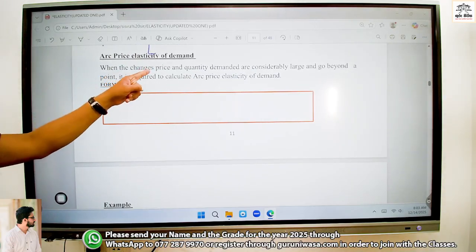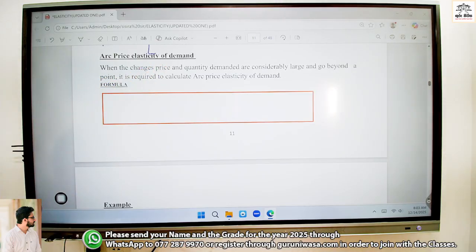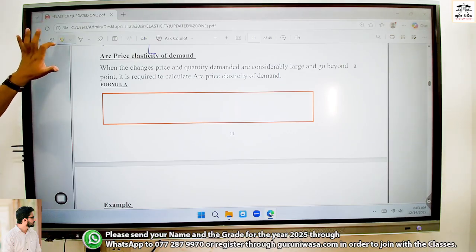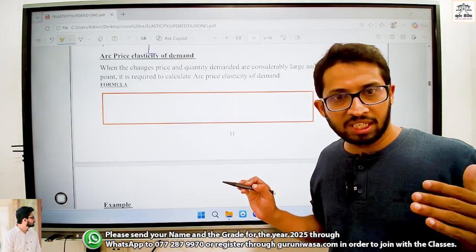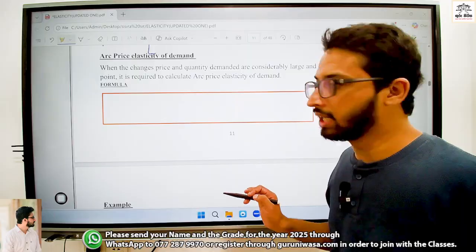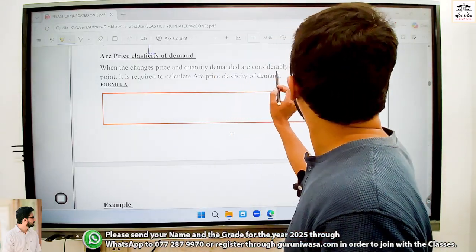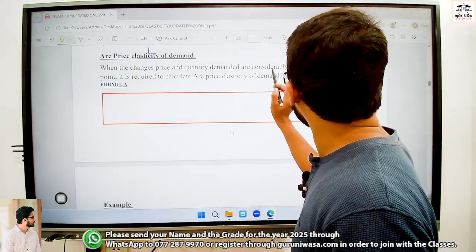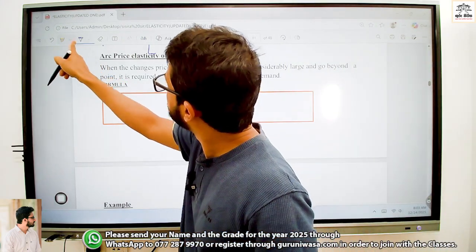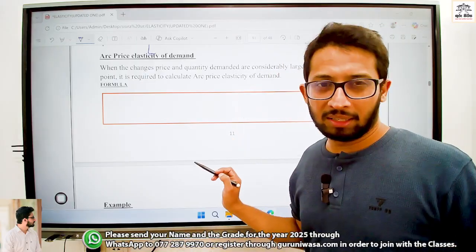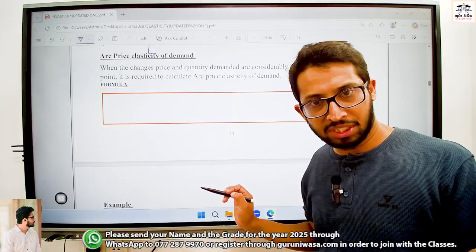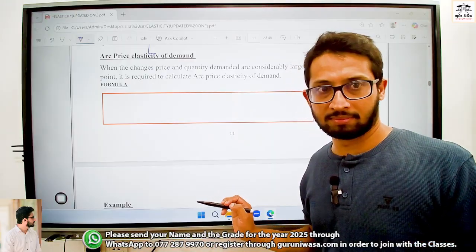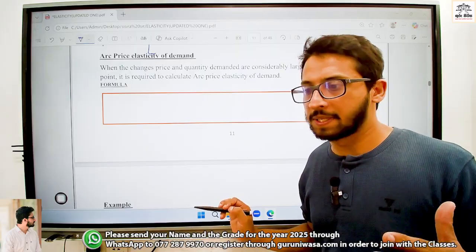When the changes in price and quantity demanded are considerably large, meaning if the percentage change in price and percentage change in quantity demanded are considerably large, the benchmark is more than 10%, especially the percentage change in price.